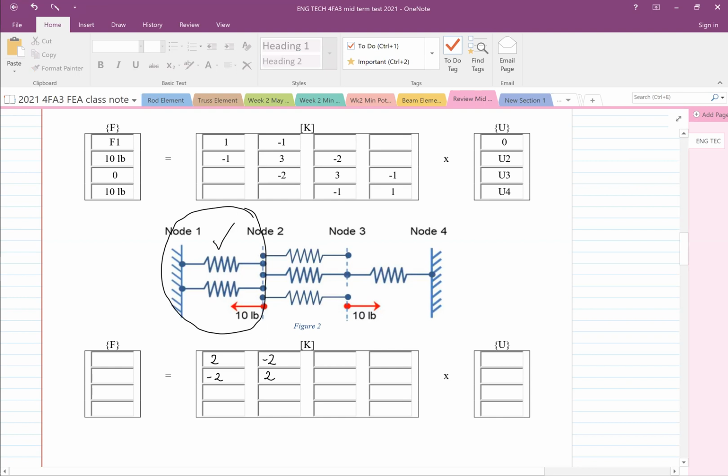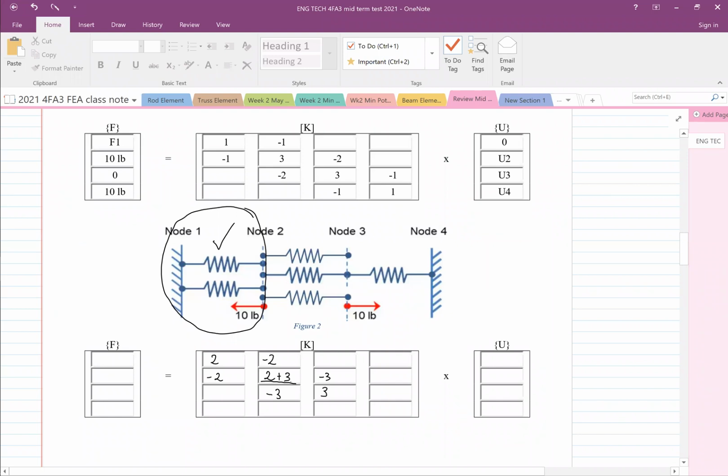And then there are 3 elements between nodes 2 and 3. Right here, I didn't add it up. 2 plus 3 is 5, right?